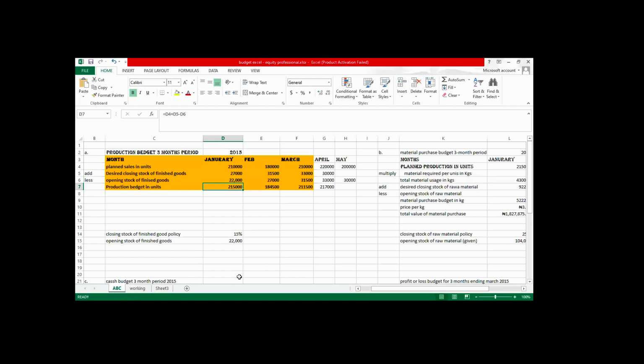Production budget: planned sales plus desired closing stock, that is set to requirements A.